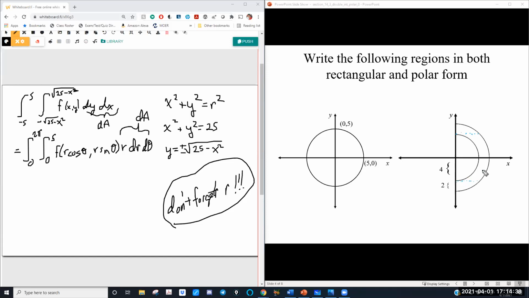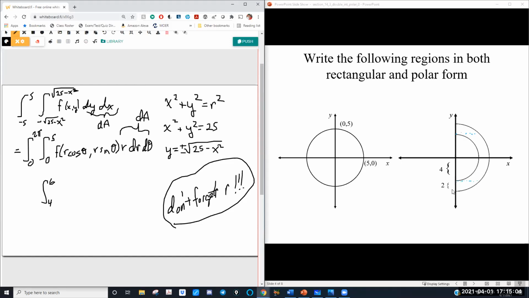So anytime we have a region that's the area between 2 circles, guaranteed we're going to want to use polar, because with polar, our limits actually come out quite nice. For this one, let's say we did r first, r is going to go from 4 to 6, right?